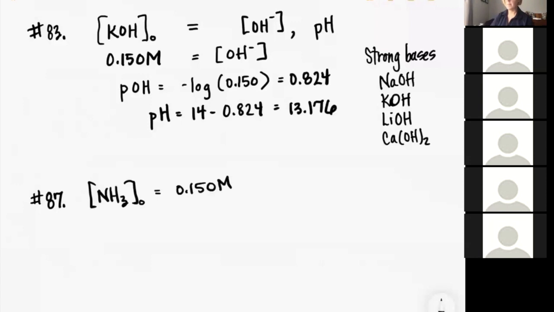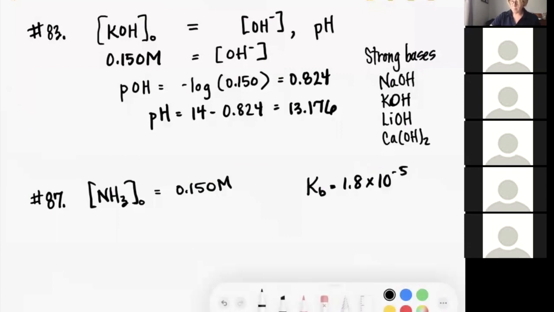So if you look at page 685 in your textbook, you will see some common weak base Kb values. And on the list, we have NH3. The Kb for NH3 is 1.8 times 10 to the negative fifth. So that means that this is a weak base.